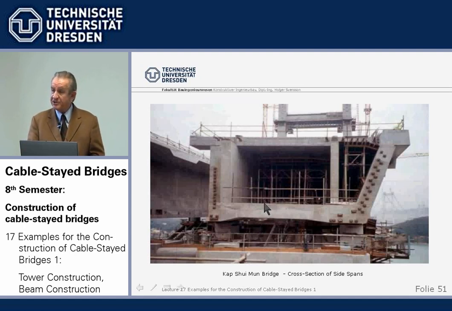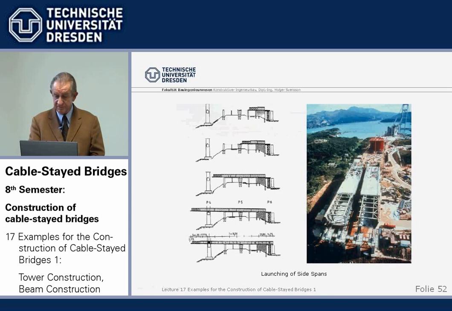Cap Shui Mun Bridge in Hong Kong goes to the new Lantau Airport. It has two half beams: this is one half in concrete, the side span built in concrete, the main span built in steel. The concrete beam was built in parts here in the fabrication area, incrementally launched, next one built, and so on.